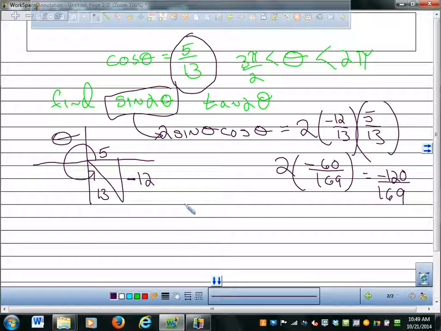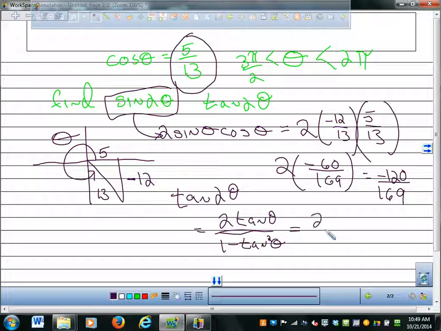Oh, I forgot to do tan of 2 theta. Tan of 2 theta is 2 tan theta over 1 minus tan squared theta, okay? And so if I want this, I have to look at this picture again.